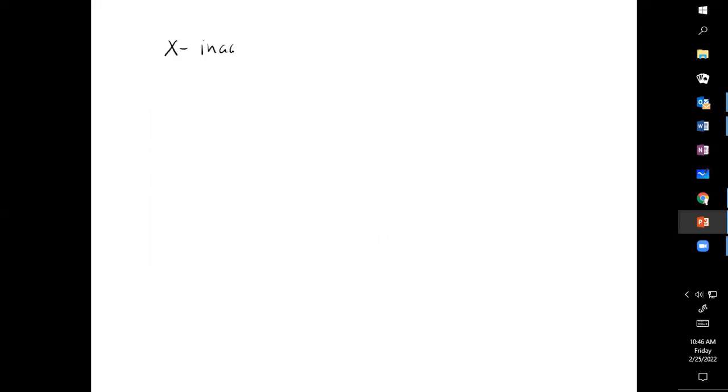So X inactivation occurs in human females and mammalian females that have two X chromosomes.